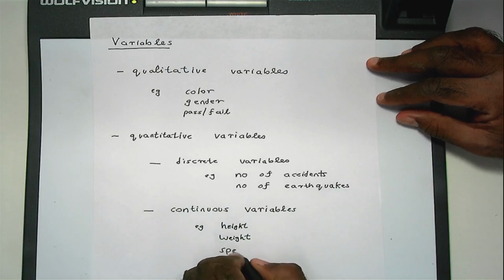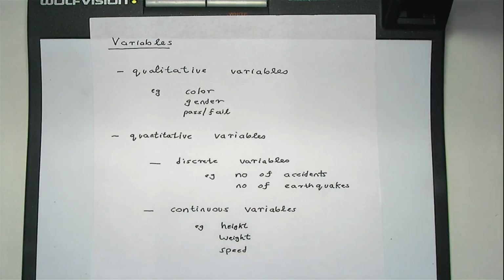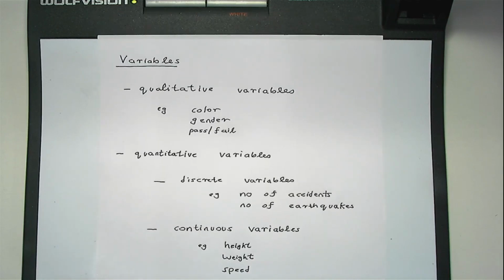These are all continuous variables, right? So there are two kinds of quantitative variables, discrete and continuous. And you also have qualitative variables, right? Now, in this course, I will mostly focus on quantitative variables, right? Okay.